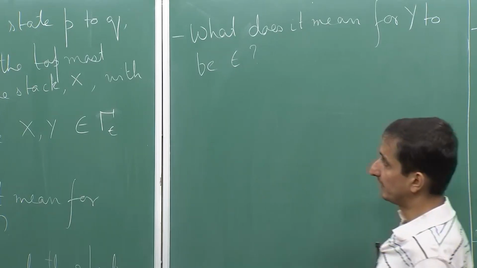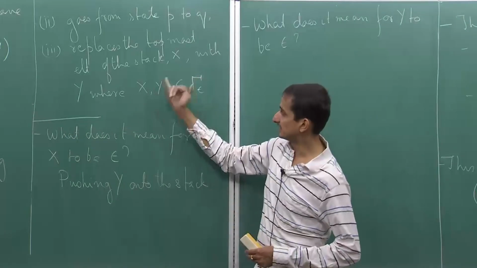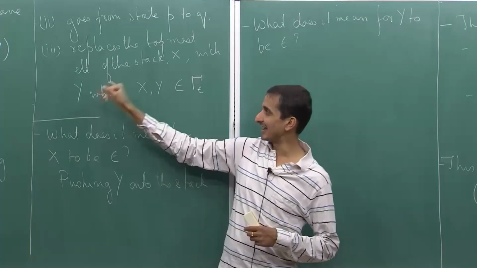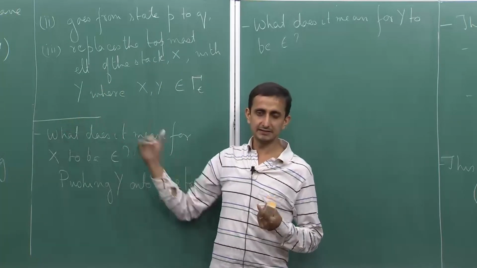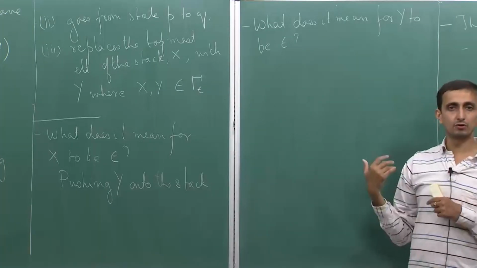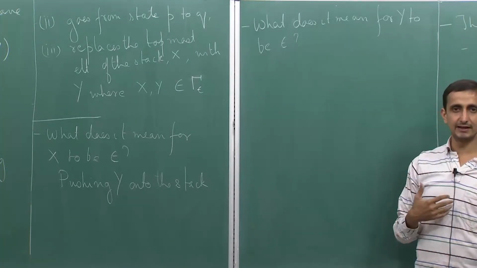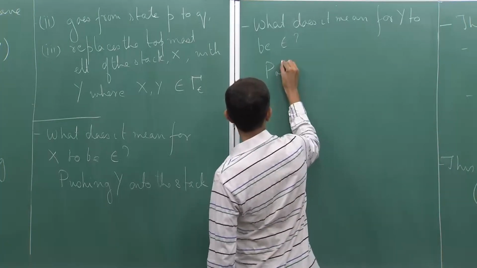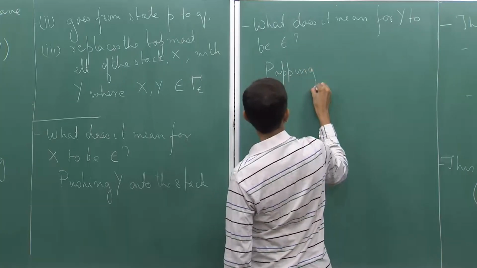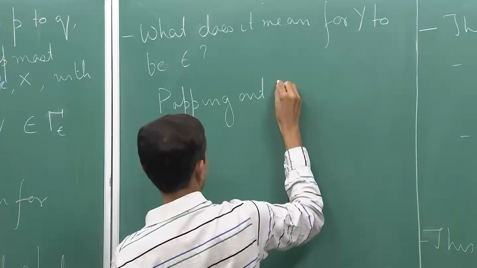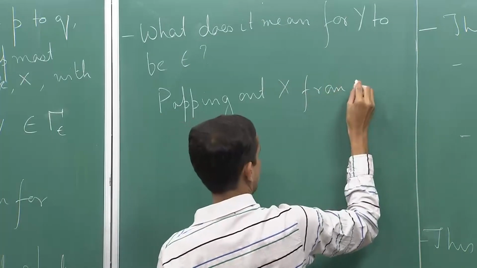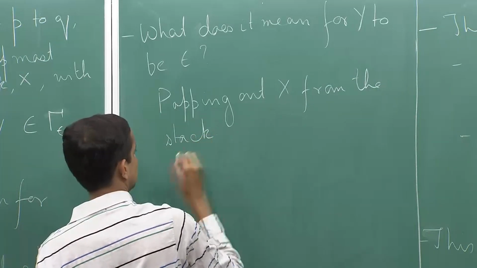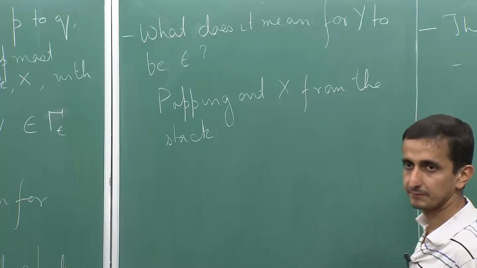So, once again observe that if we just look at the definition that it is replacing x with y, if y is epsilon, it just means that it is replacing x with epsilon, which is nothing. So, essentially what it is doing is it is popping out x from the stack. So, x was already there on the stack and now it is popping out x. Okay. So, this means that it is popping out x from the stack. Okay.